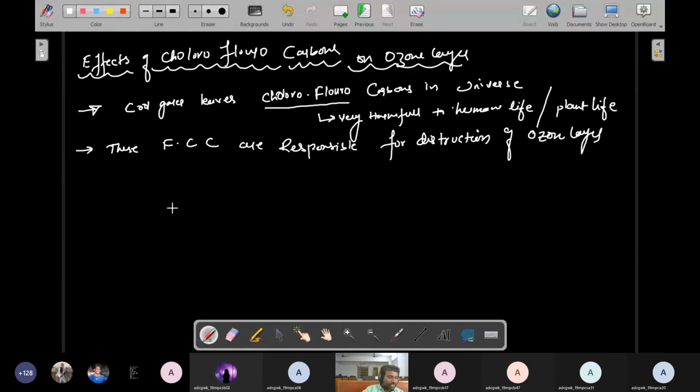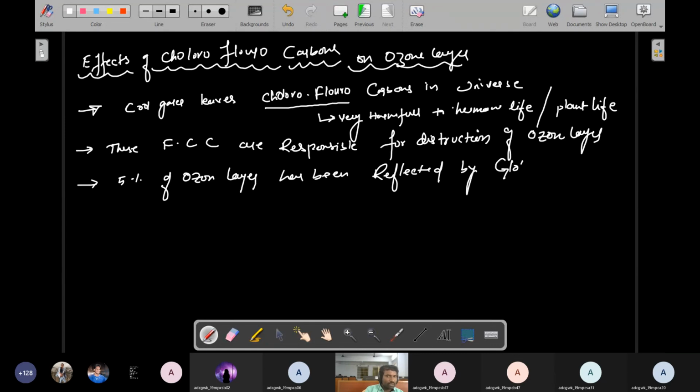So the depletion of the ozone layer is greater at the south pole. Actually, this disturbs a lot and destroys the ozone layer. Already in the universe, 5% of the ozone layer has been reflected by global warming.